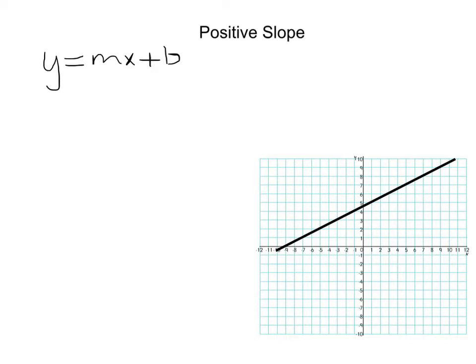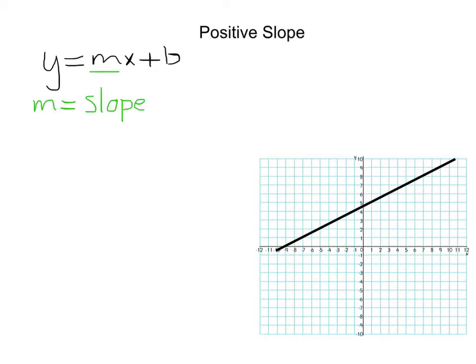If you want to pause it and quiz yourself, you can go ahead and do that. The first part of the equation that we're going to look at is the m. Okay, so let's all remind ourselves what m is equal to. M is equal to slope, the slope of the line. Now that doesn't only mean positive or negative or undefined.